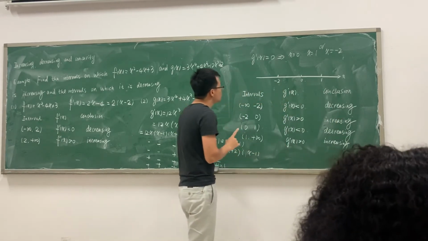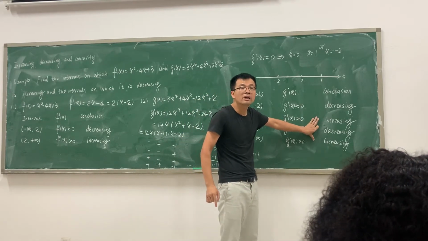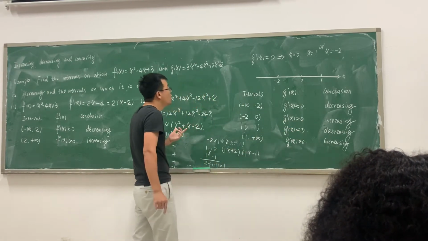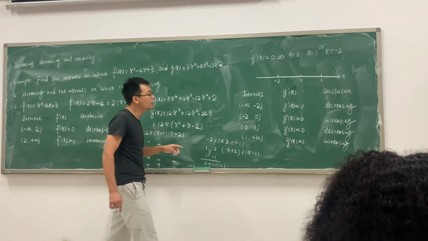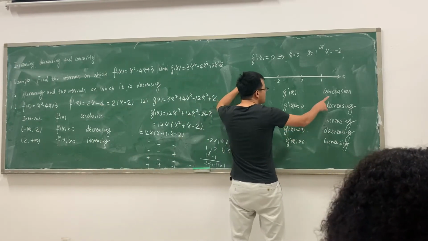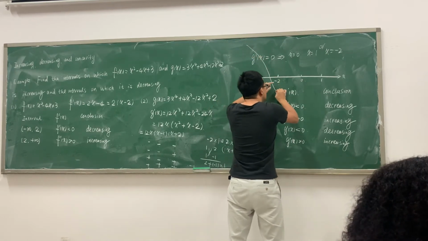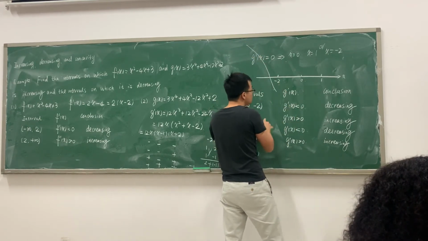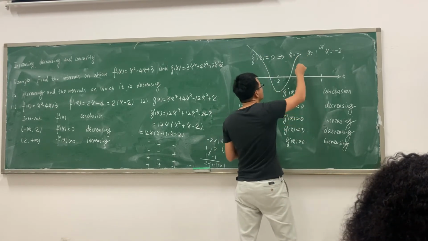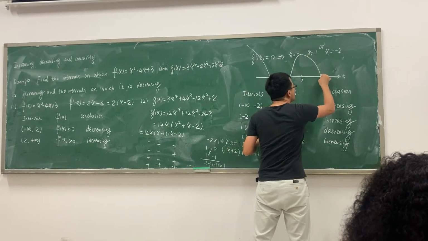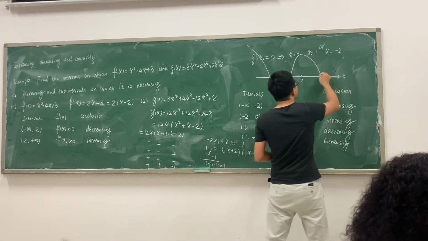Now we have this information, so we can plot a sketch of the graph of this function. Here it is decreasing, from -2 to 0 it is increasing, and 0 to 1 is decreasing, and from 1 to plus infinity it is increasing.